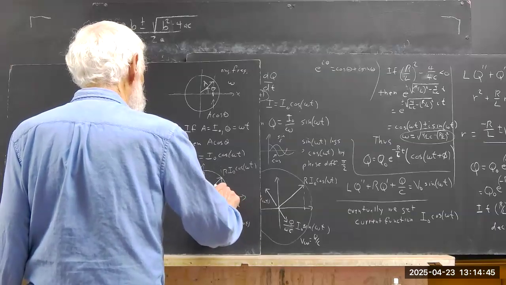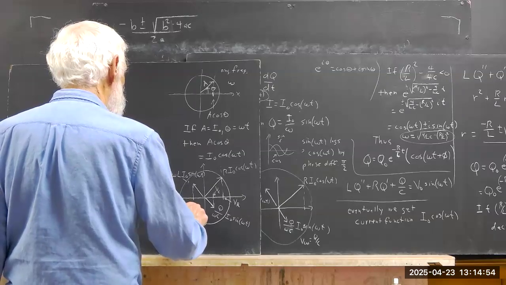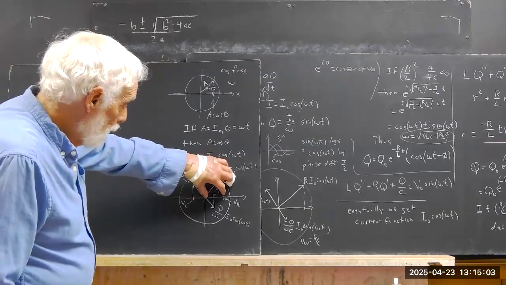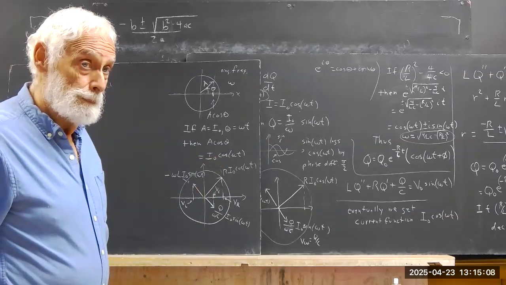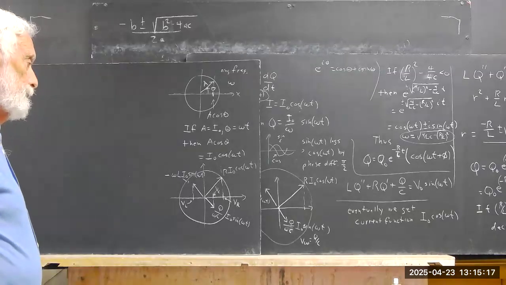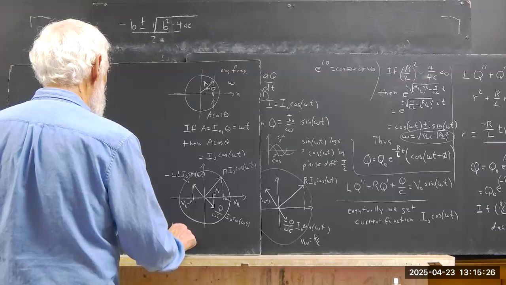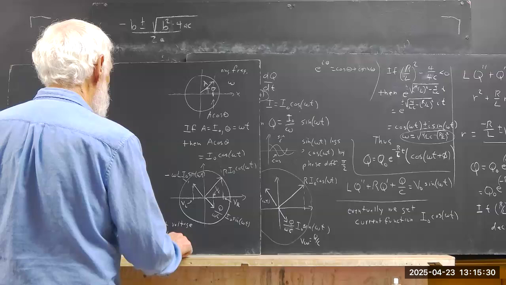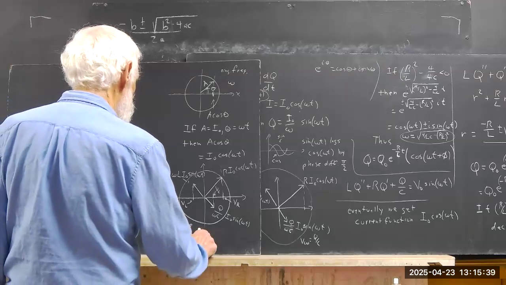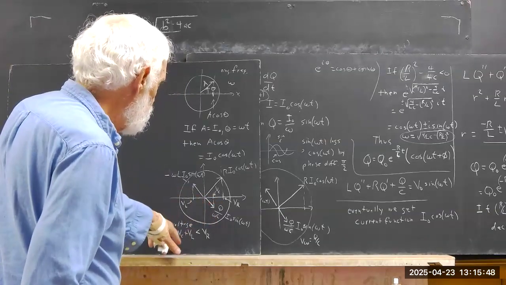And I'll call this V sub C. Call this V sub L. The net of these is this plus this negative, right? And at least with this picture, that's less than V sub R.